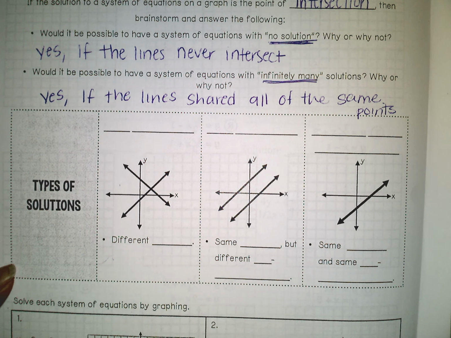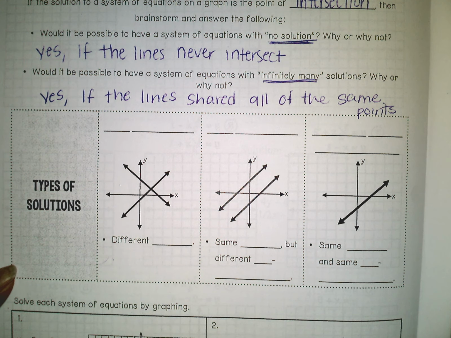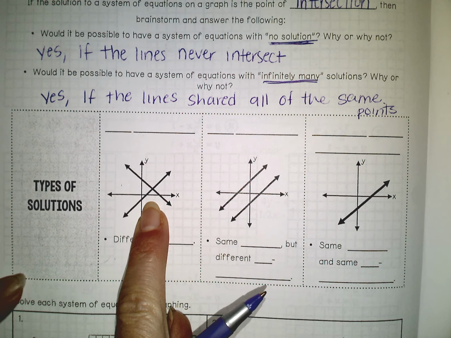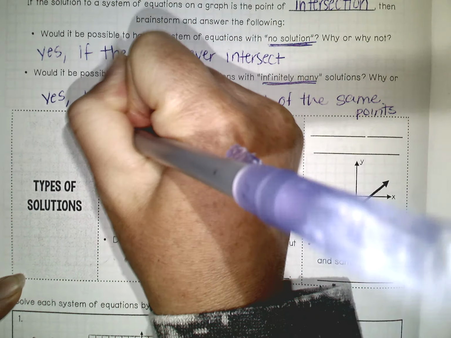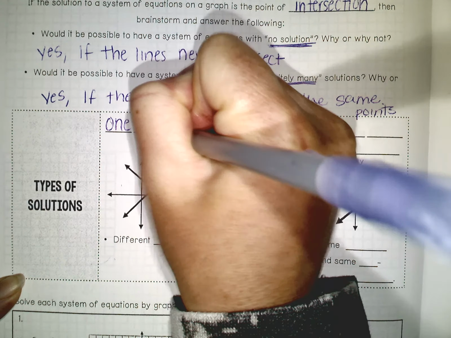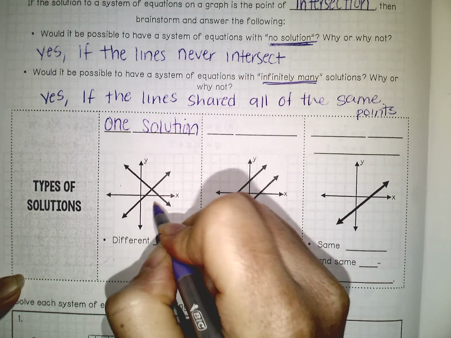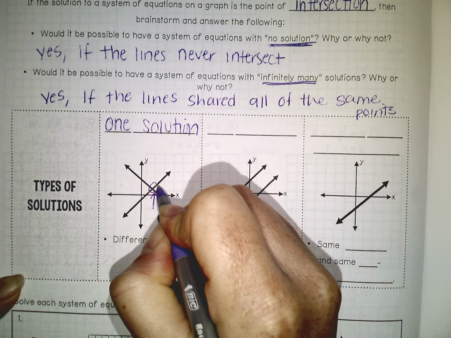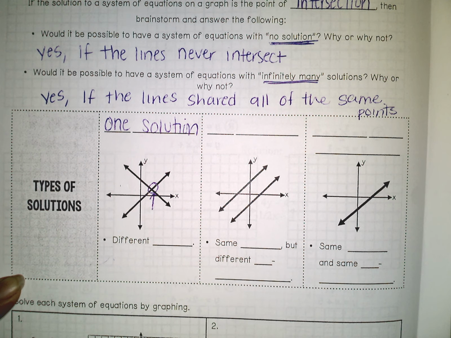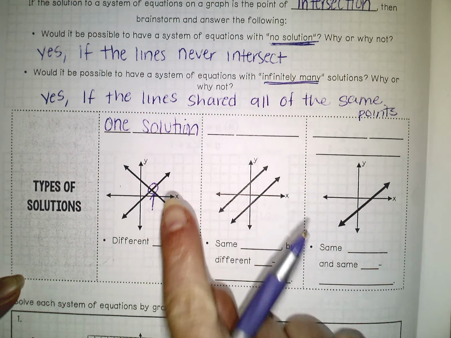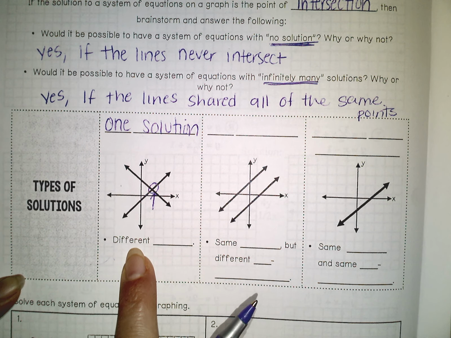So let's take a peek at our three types of solutions. We talked quite a bit on Tuesday about this type of solution, okay? This is called one solution because there is one point of intersection. What do you notice about these two lines?